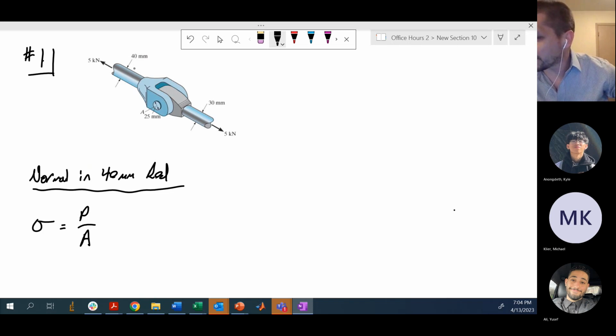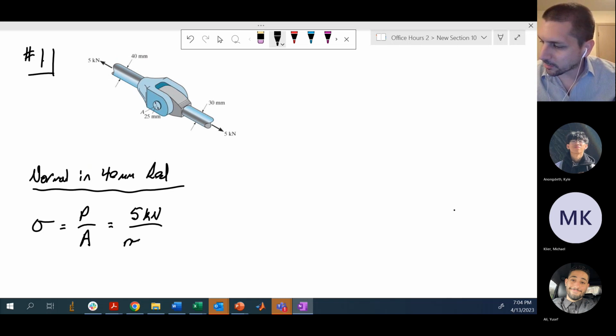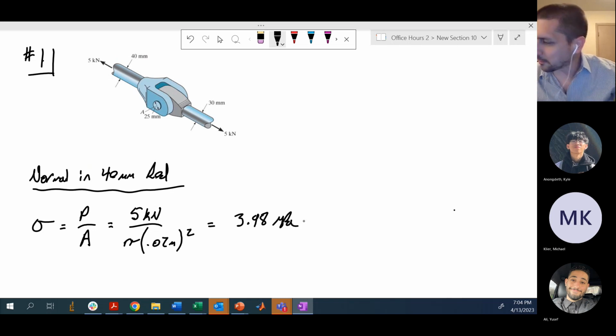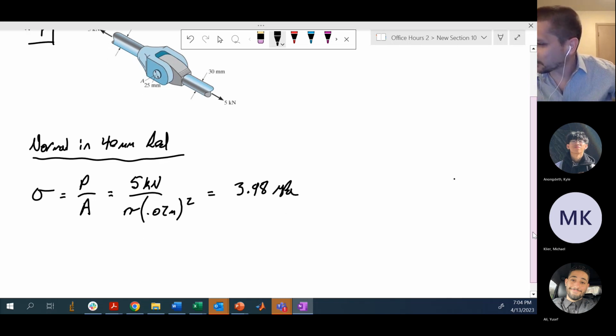For the 40 millimeter shaft, we make a cut through that shaft, and we have a load of just 5 kilonewtons contained in that shaft, divided by the cross-sectional area, which is pi times the radius squared. In this case, the radius is 0.02 meters. Do the math here, 3.98 MPa. No problem.